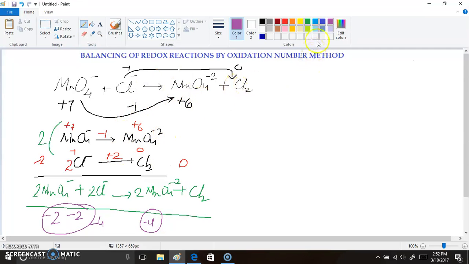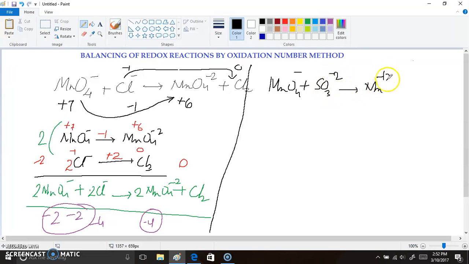See here. A very simple example. MnO4 minus plus SO3 minus 2 gives rise to Mn plus 2 plus SO4 minus 2.